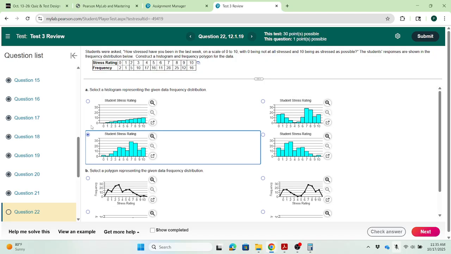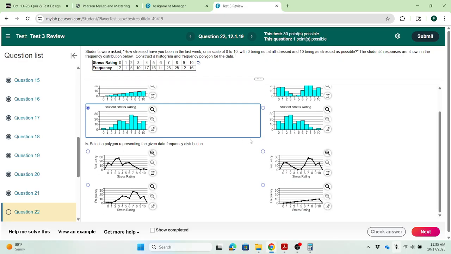For the frequency polygon, take the middle points and then just connect them. If you do that, at 7 it has to be 20, and at 5 that's not right.